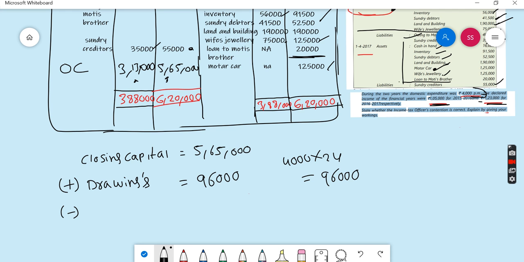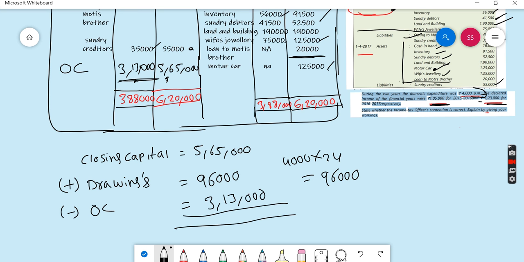minus additional capital. But in this question there is no additional capital, so we don't need to do that. So now minus opening capital. Finally, opening capital is 3,13,000. Now if you do that, you will get the profit.